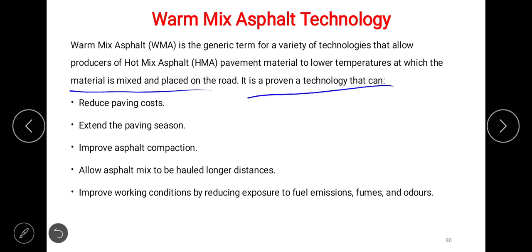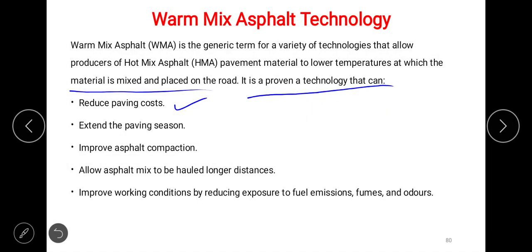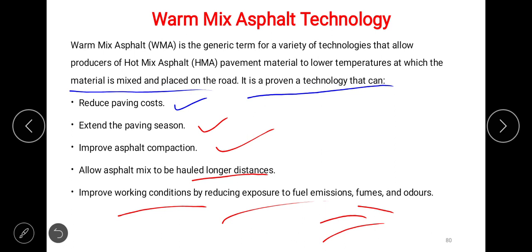It has been proven a technology that can reduce the paving costs, extend the paving season. It improves asphalt compaction, allows asphalt mix to be hauled longer distances, and also improves the working conditions by reducing the exposure to fuel emissions, fumes and odors.